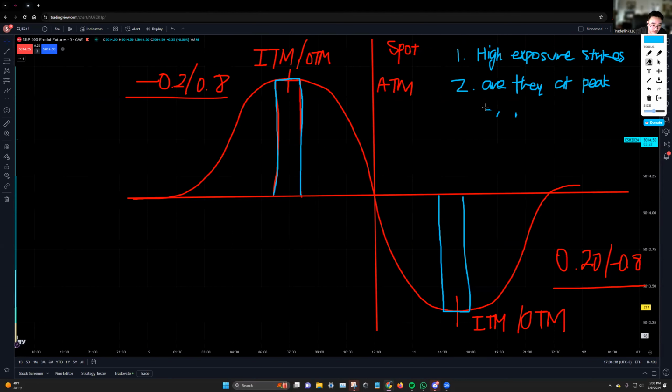Are they above or below spot price? You can do this positive or negative. What is the next step after that? Number 4, grab your cheat sheet. Very, very simple.